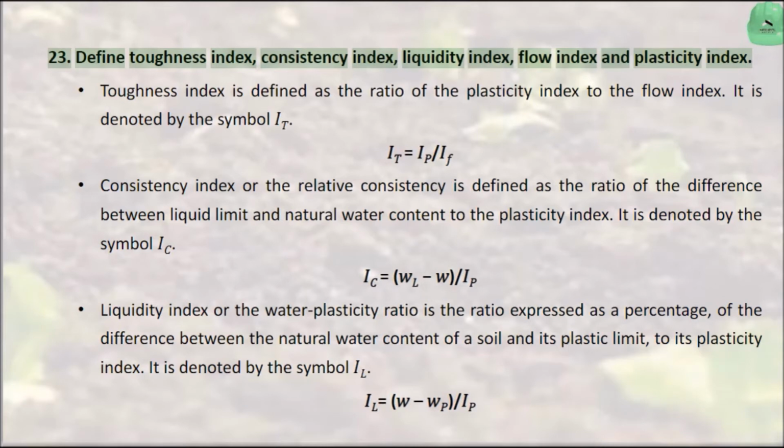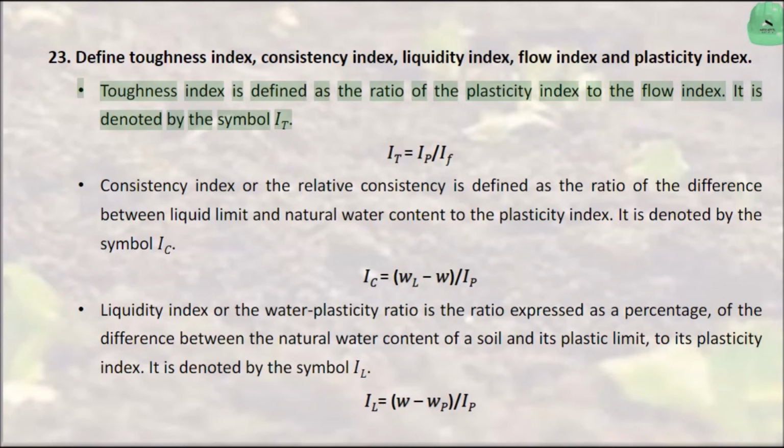Define toughness index, consistency index, liquidity index, flow index, and plasticity index. Toughness index is defined as the ratio of the plasticity index to the flow index.